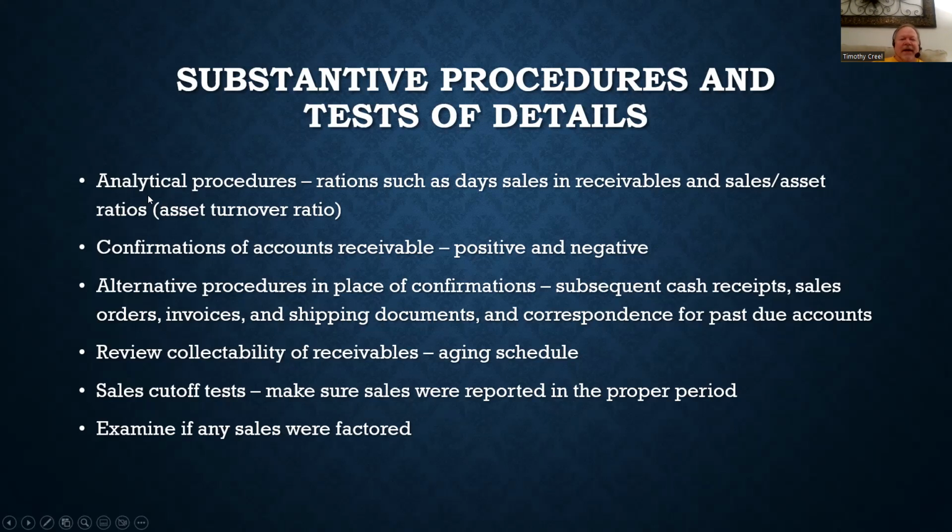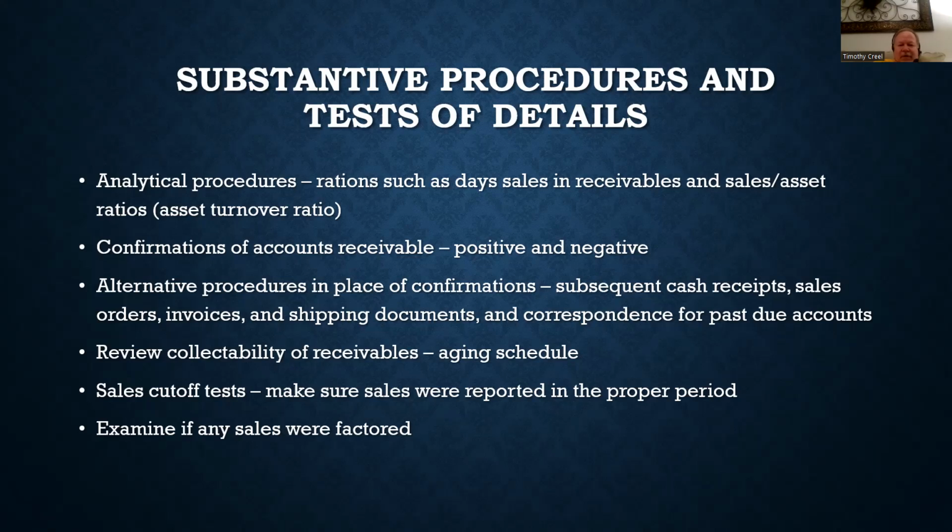Remember that substantive procedures are the tests performed by the auditor to gather evidence to support their opinion. So substantive procedures are the way the auditor does that. Remember that they tend to be tests of account balances or details and analytical procedures. These are the two types of substantive procedures that auditors use.